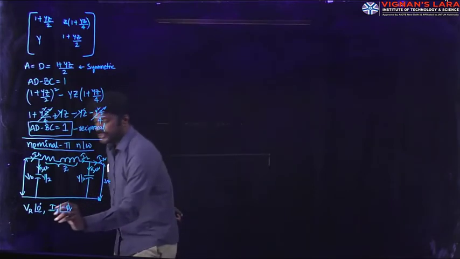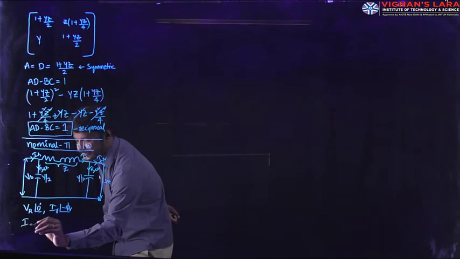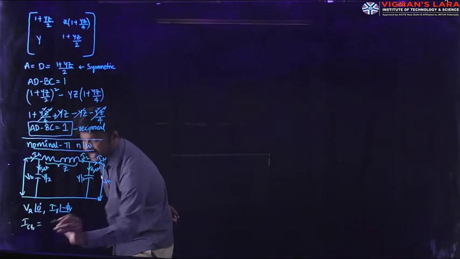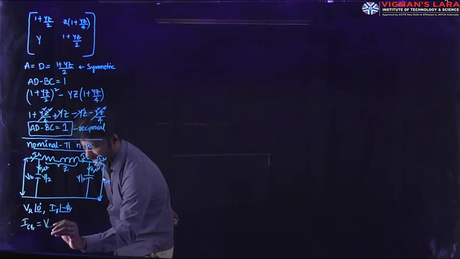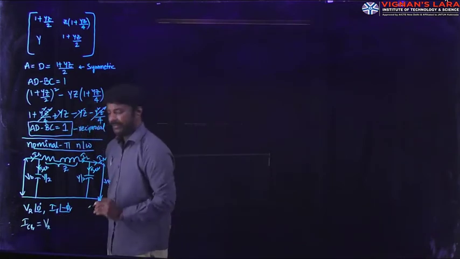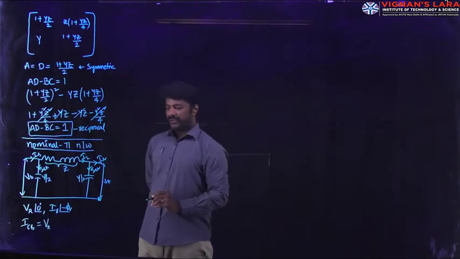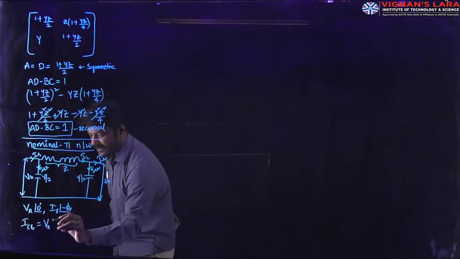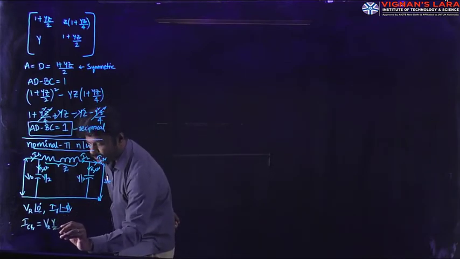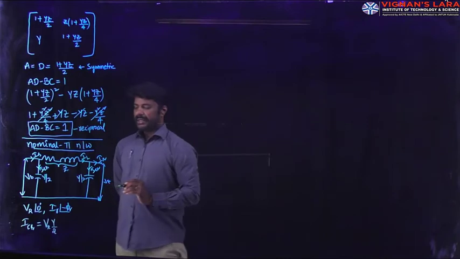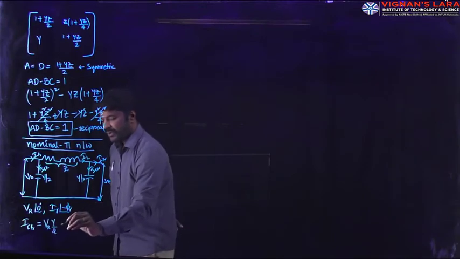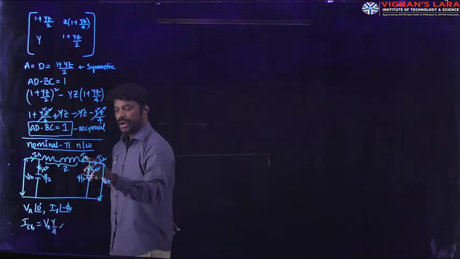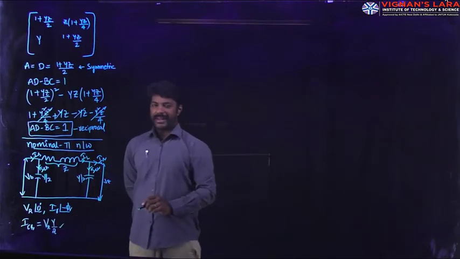So the magnitude of ICR is equal to the voltage across that element, VR, multiplied by the admittance of that branch. The admittance of the branch is Y by 2. Then the current on the receiving end side is equal to VR into Y by 2, which will be helpful for finding the inductive current IL by applying KCL.